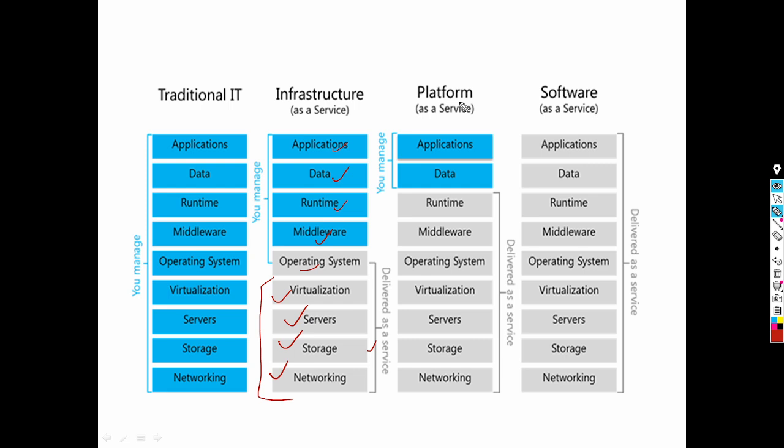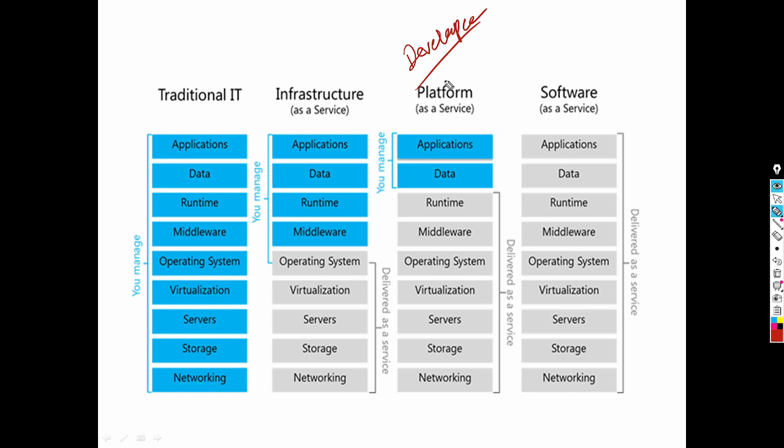If you talk about platform as a service, then network, storage, server, virtualization, operating system, middleware, and runtime are managed by the provider. Here we only deploy. For a real-time example, if you are a developer and you don't have a team to manage the operating system, middleware, and runtime, you can develop your code and deploy here.